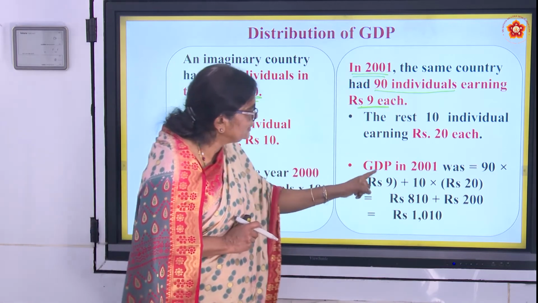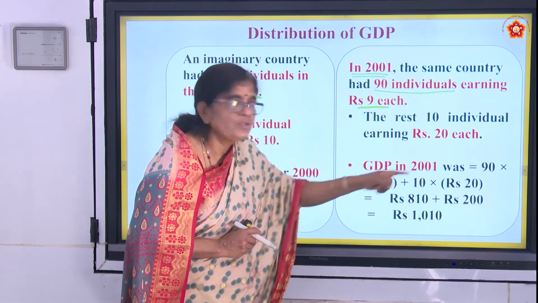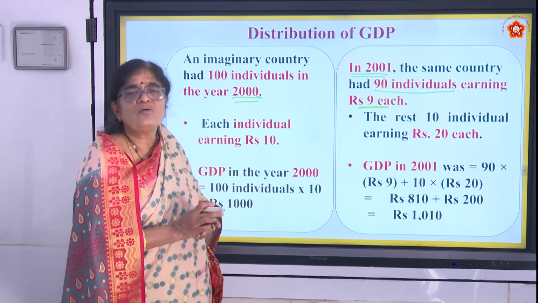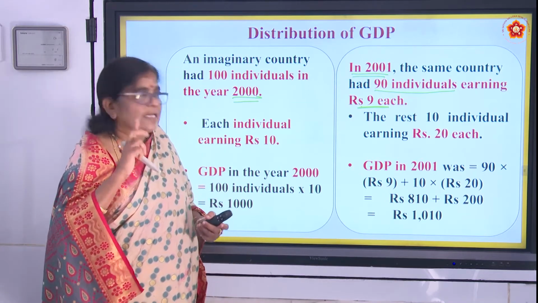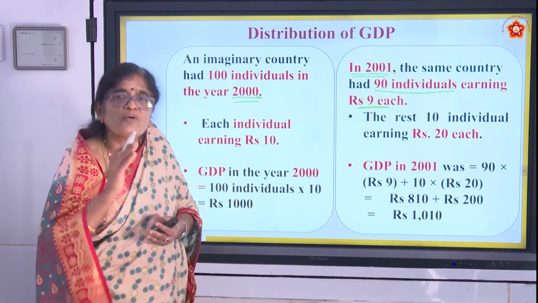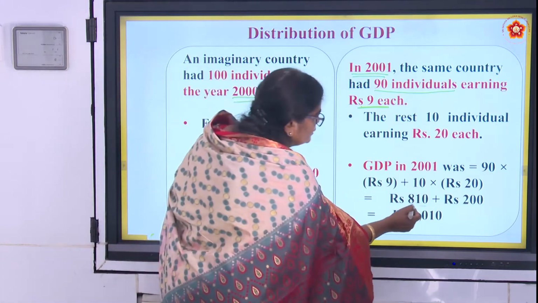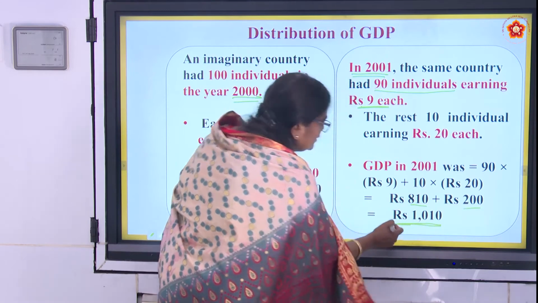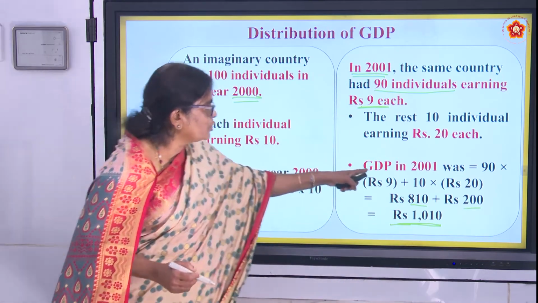Therefore, how do we calculate GDP in 2001? 90 people times 9 rupees plus 10 people times 20 rupees. Therefore, 810 plus 200 is 1010. What happened to GDP in 2001?